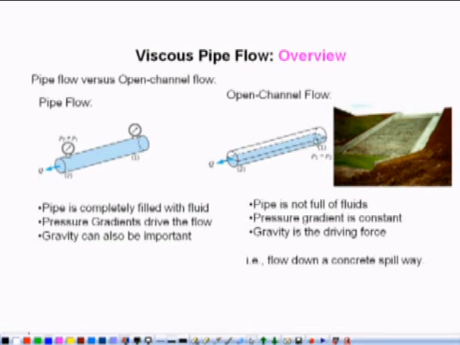Because the fluid has weight, the weight acts downward, and a component of this weight acts in this direction. This component is responsible for applying shear stress on this fluid. Because of the shear stress it will keep moving.